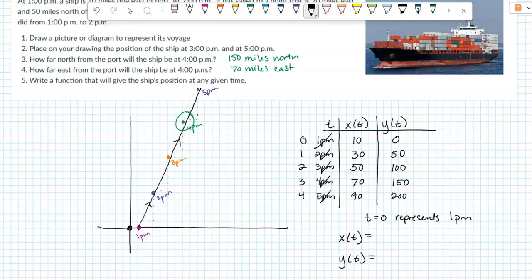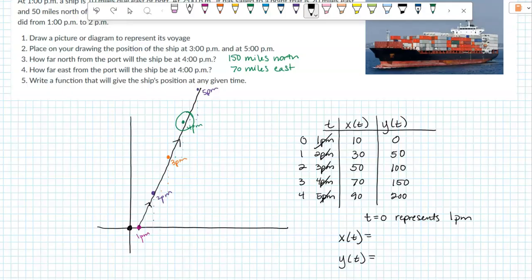And so let's talk about what we're going to do to write these equations and why they would look a little bit different. So if time equals 0 represents 1 p.m., then plugging in 0 to my x of t should yield 10 here, and plugging in 0 to my y of t function should get me 0. And so when we look at these patterns, our time is in increments that are constant, so plus 1, plus 1, plus 1.